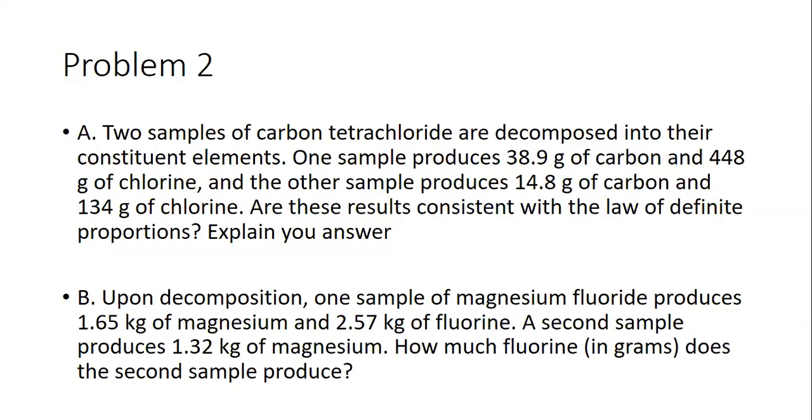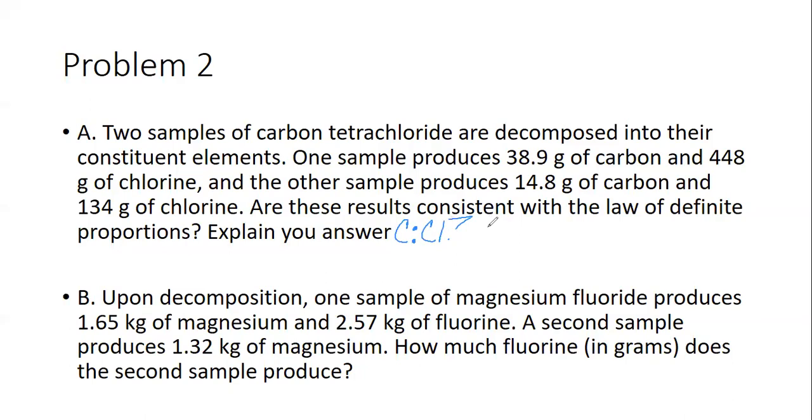Okay, so when you do the law of definite proportions, you're doing ratios. Really, you're asking, what is the ratio of carbon to chlorine? Generally, when you're in the lab setting, you can't really count atoms easily, so you have to measure it. So here we're given masses.